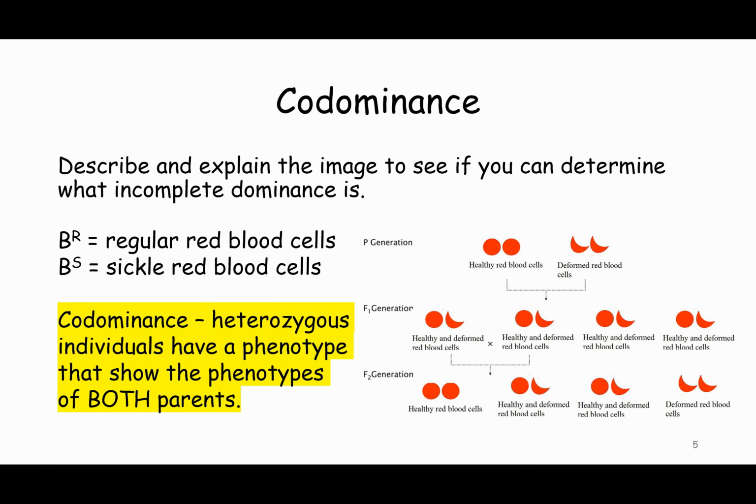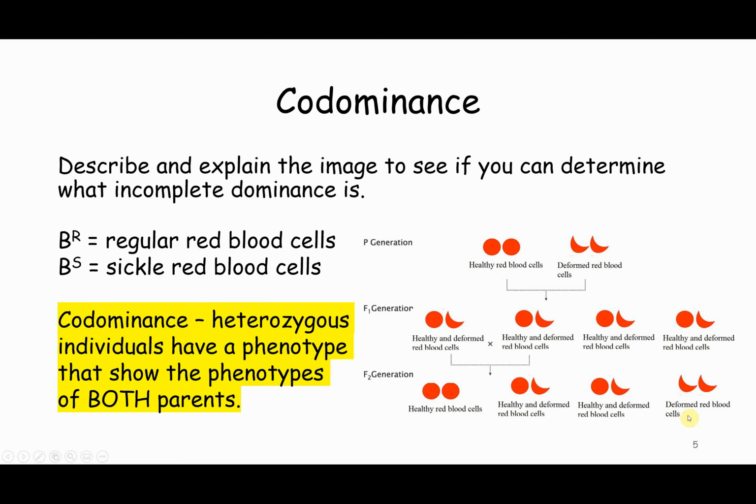So malaria is a blood disease that's passed by mosquitoes, and malaria can infect healthy cells very easily, and they basically hide inside them and burst them open, and you die because you're not transporting enough oxygen around the body. The malaria parasite cannot infect the deformed red blood cells that well. And so it basically provides a layer of protection. So if you have sickle cell anemia, you're not going to get malaria.